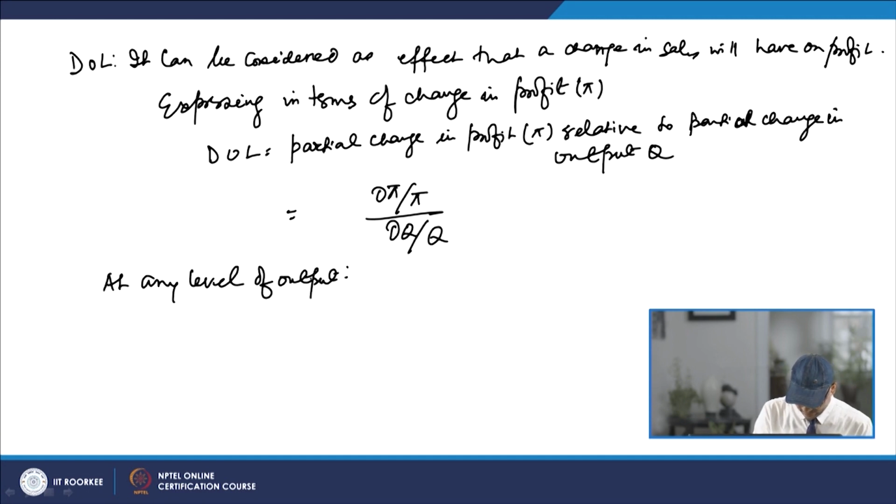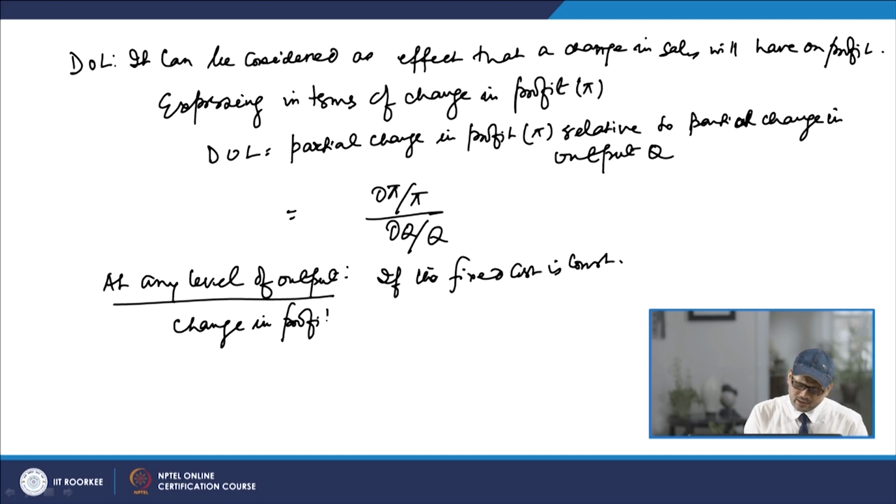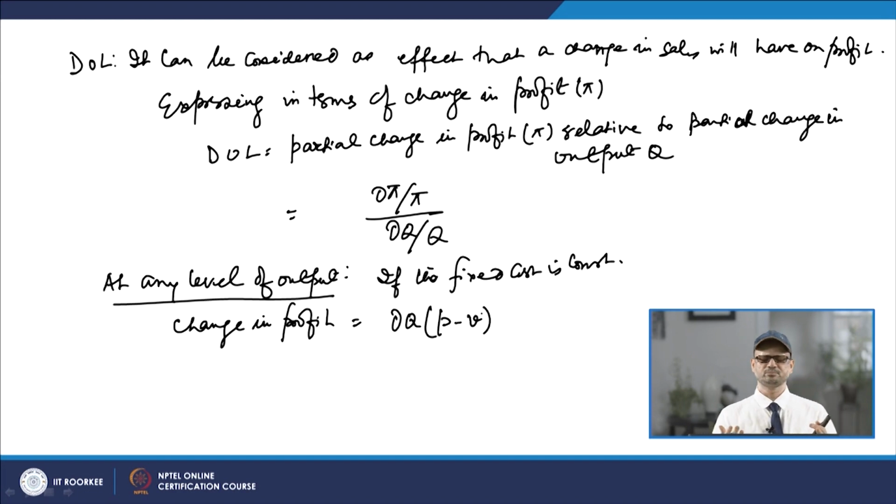If the fixed cost is constant, then the change in profit can be expressed as dou Q multiplied by P minus V. By the expression for the profit which we have earlier defined, we can define this change in profit as dou Q into P minus V. So, that is your dou pi.